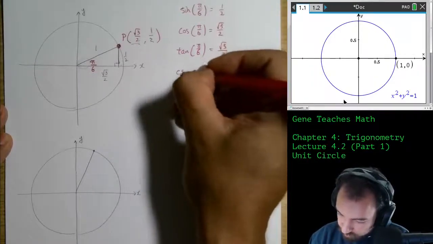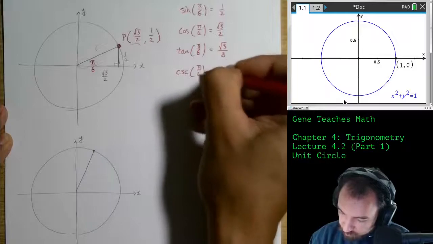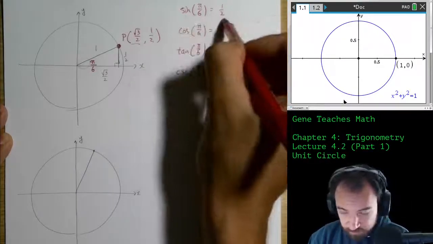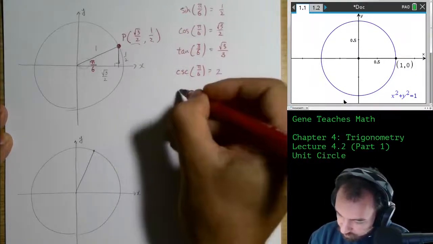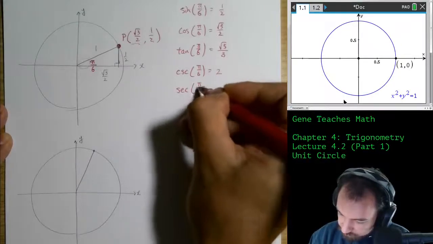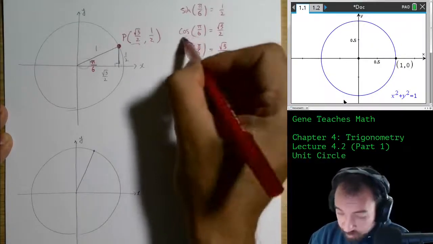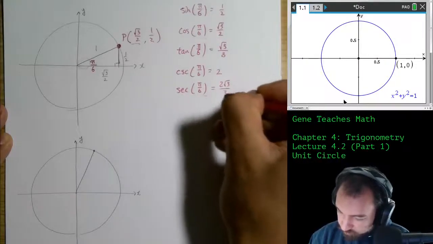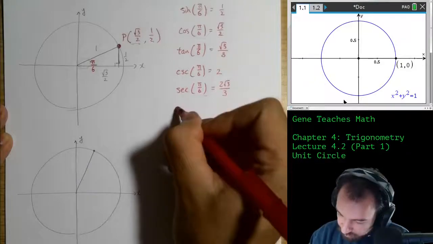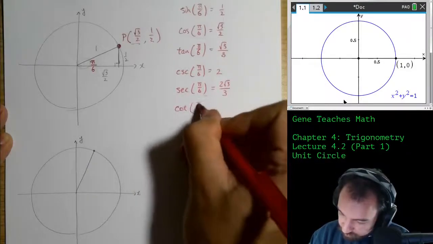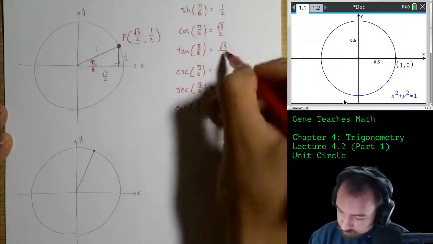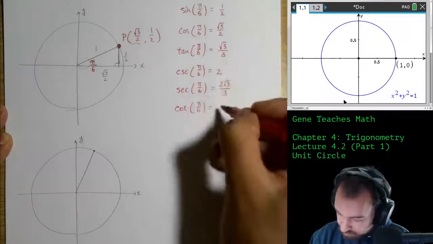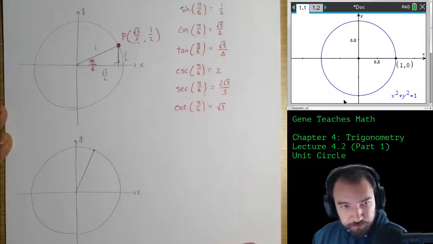Then we can say cosecant of pi over 6, which is the reciprocal of sine of pi over 6, 2. And then we take secant of pi over 6, which is the reciprocal of cosine of pi over 6. This becomes 2 root 3 over 3 when you rationalize the denominator. And finally, cotangent of pi over 6 is the reciprocal of tangent of pi over 6. This is simply square root 3.